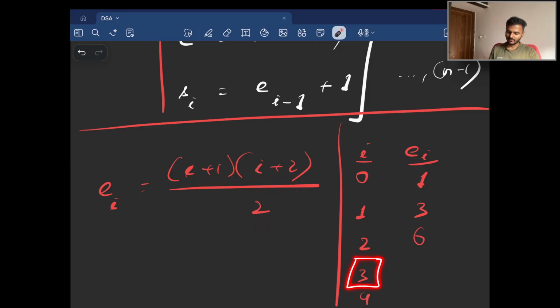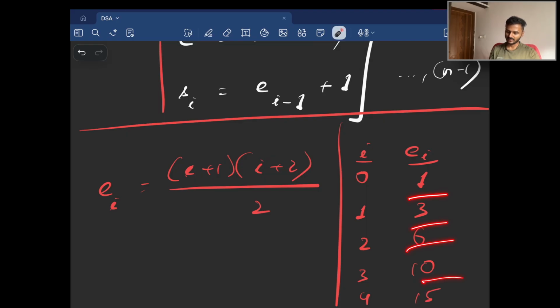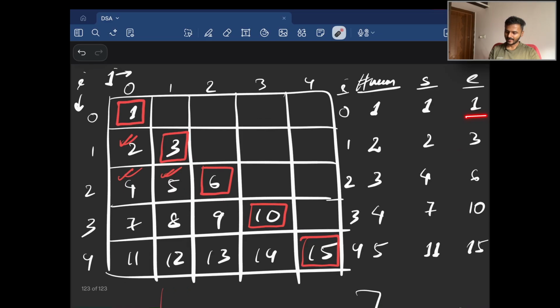If I do the same thing for I is equal to 3, this will be 4 multiplied with 5, 20 by 2 is 10. And if I do the same thing for I is equal to 4, this will be 5 multiplied with 6, which is 30. 30 by 2 is 15. So we've got 1, 3, 6, 10, 15. And that's exactly what we had over here.